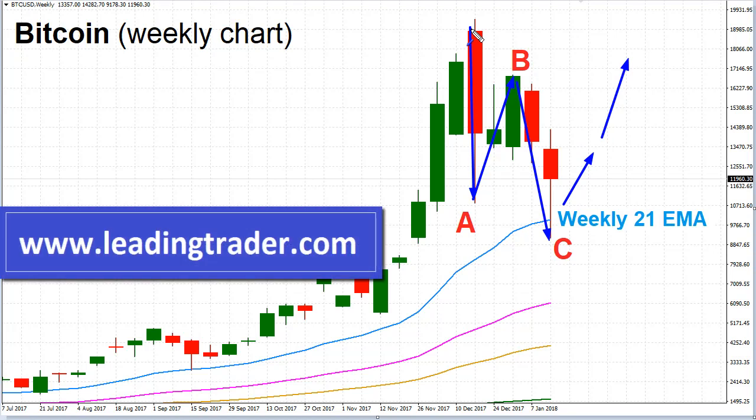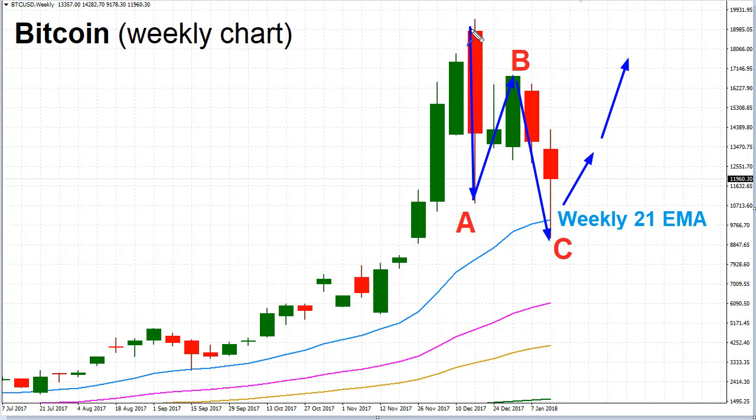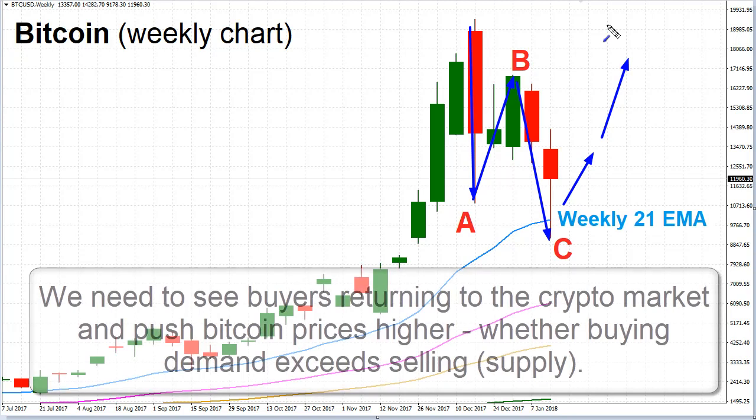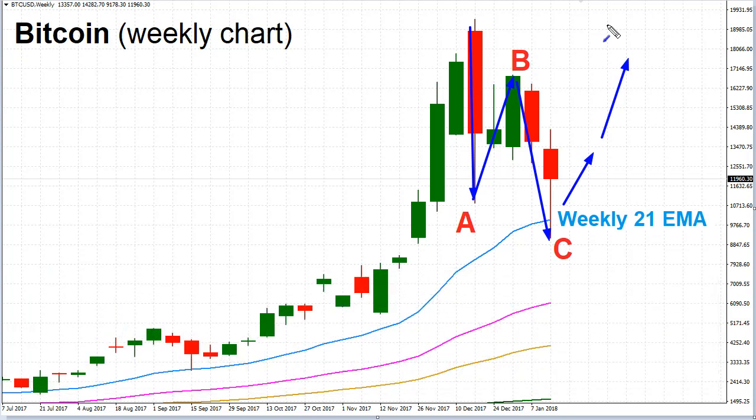All it depends on now is whether there are more buyers than sellers in the market. The question is, are we going to see buyers returning to the market, in other words more demand than supply, to be able to push higher towards the previous highs?